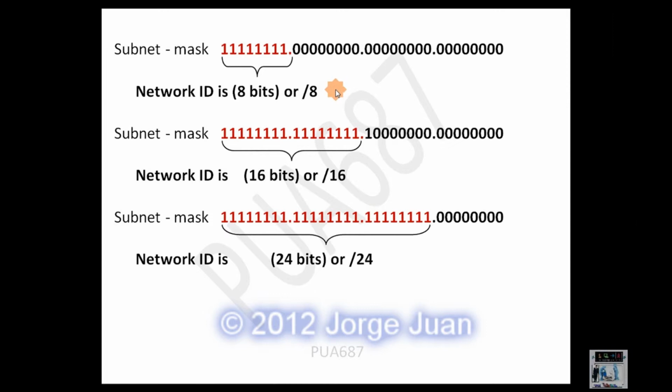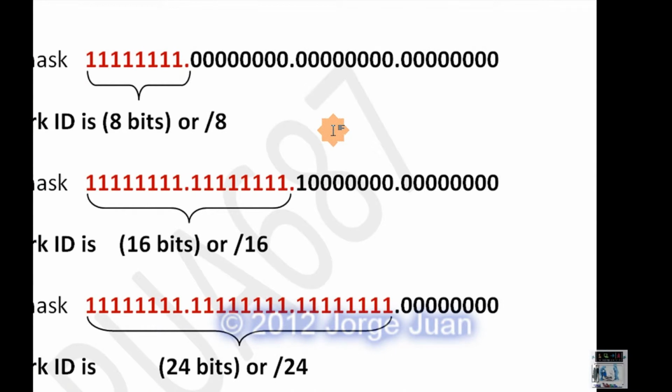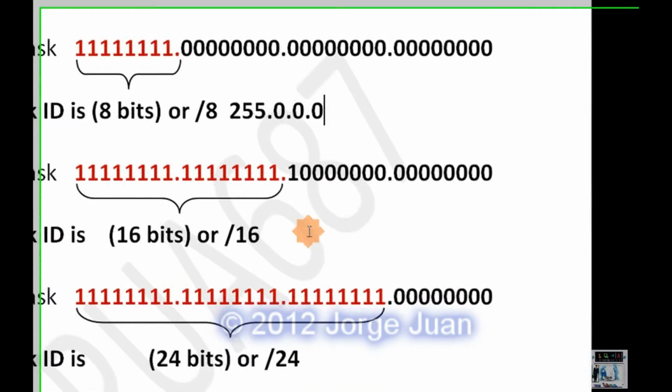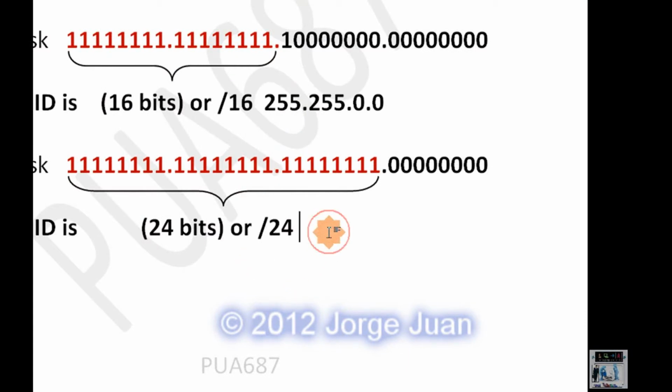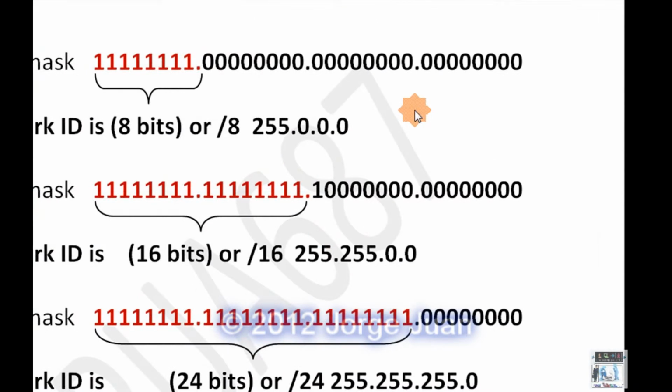So if we're looking at a /8 address in dotted decimal notation, that would be 255.0.0.0, and for a /16 address, that would be 255.255.0.0, and for a /24 address, that would be 255.255.255.0.